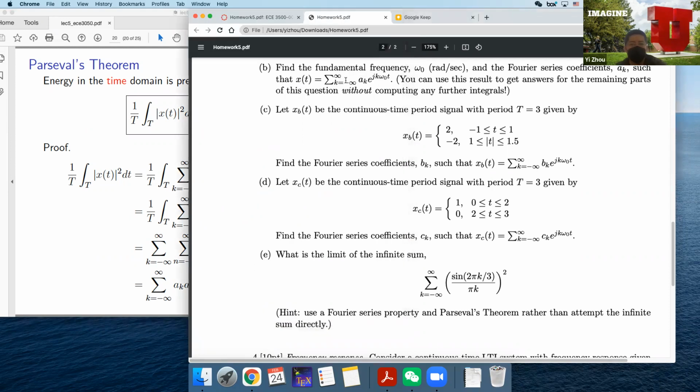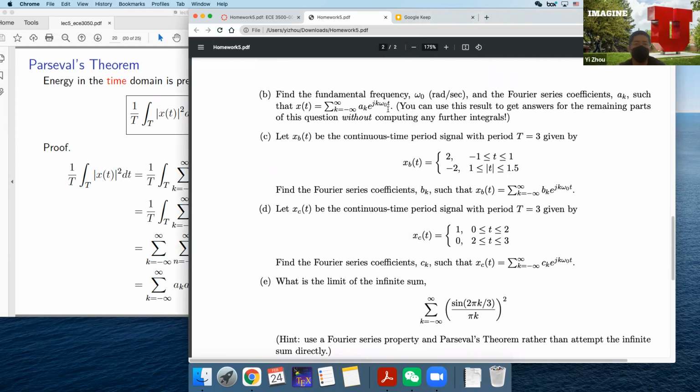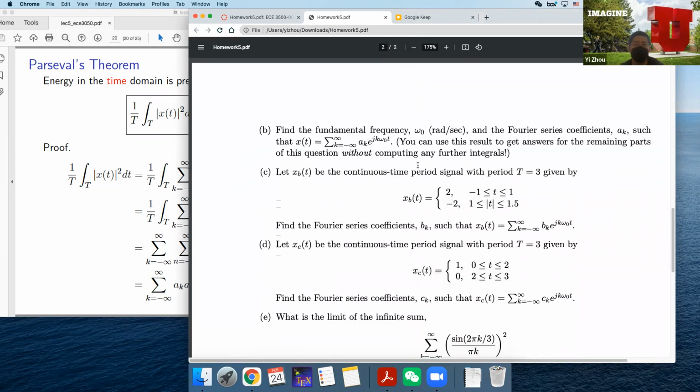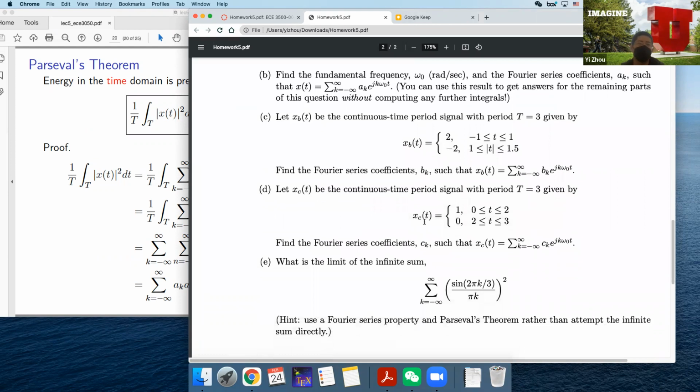If you do parts A, B, C, D correctly, you will find that for one of the signals, either x(t), xb(t) or xc(t), the corresponding spectrum AK will be equal to this value.